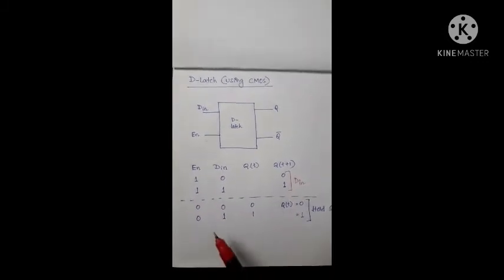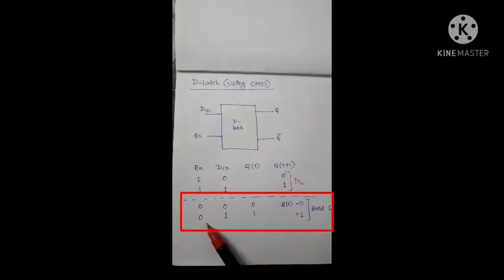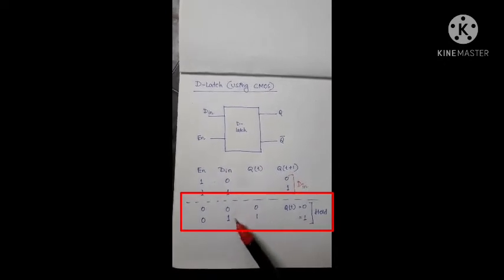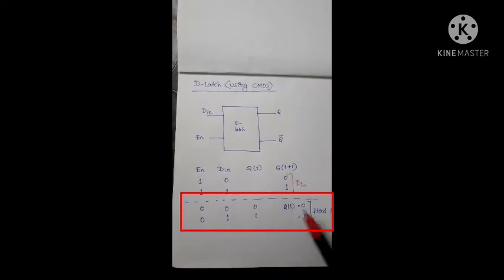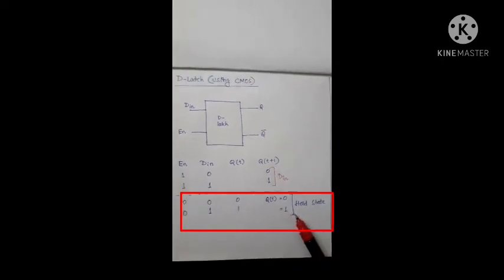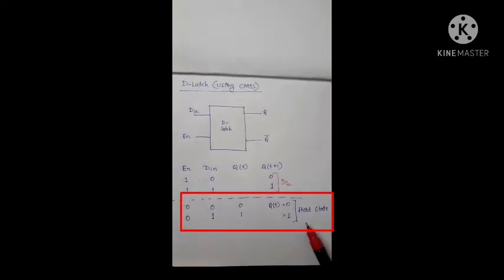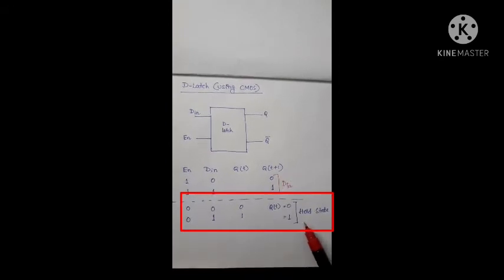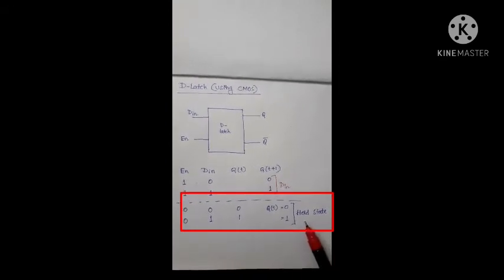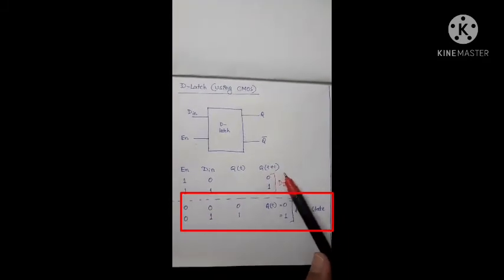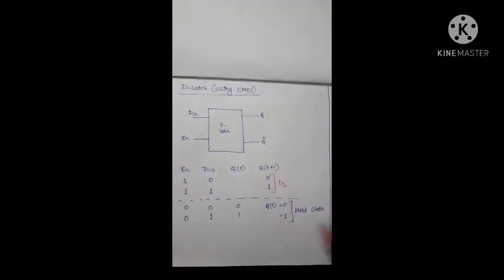Now when the enable input is 0, then whatever the input at the data input terminal, obviously that will not be transmitted and the output will be in the hold state. That is, the latch will remember its previous state, that is Q(t+1) will be equal to Q(t).